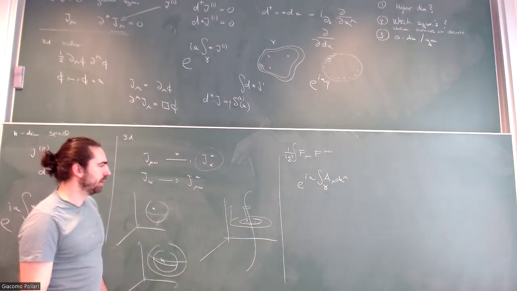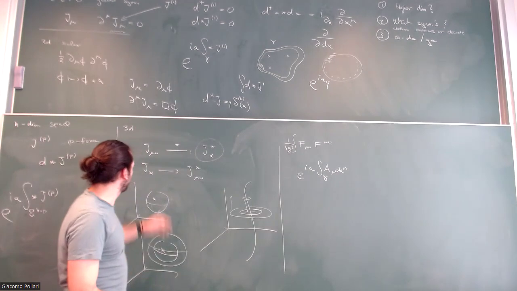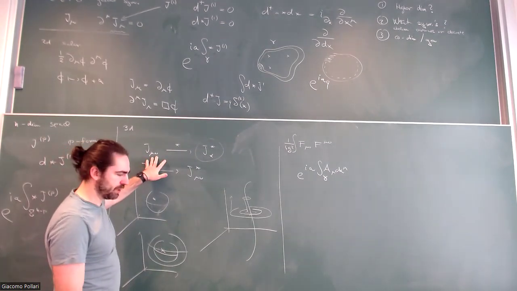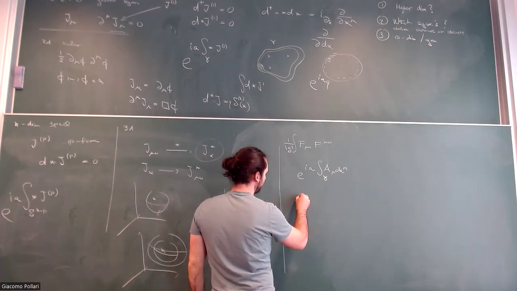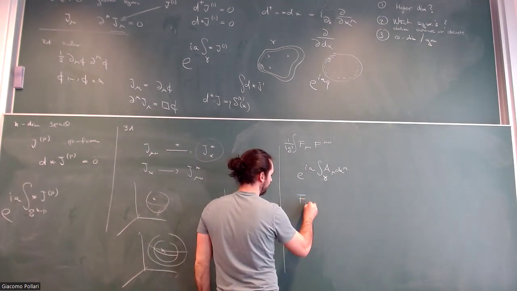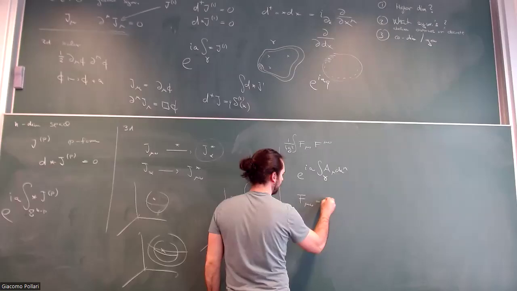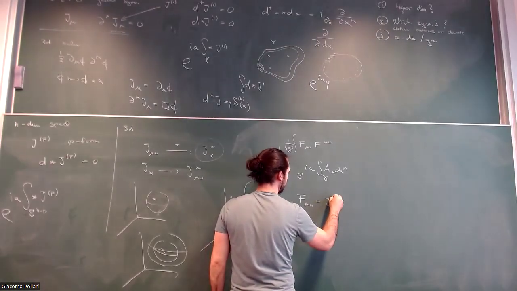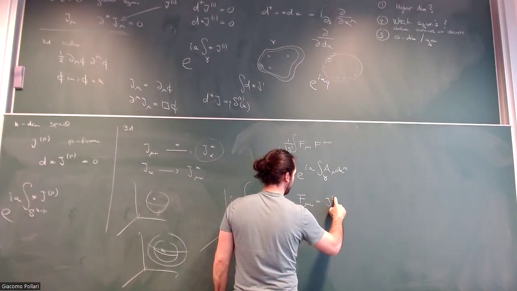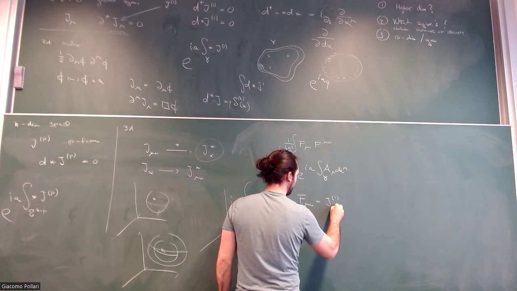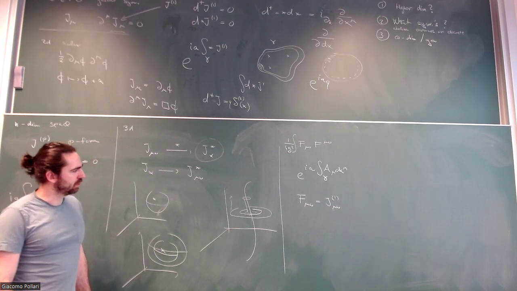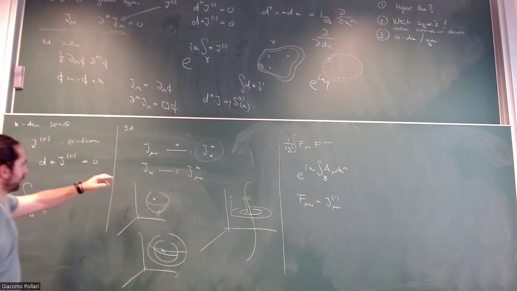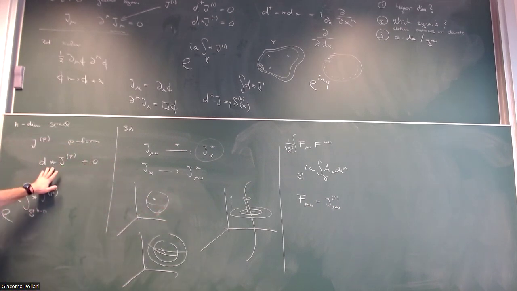And I claim that the surface operator, this mu, is the dual form, good, that works. Does it satisfy this or not?